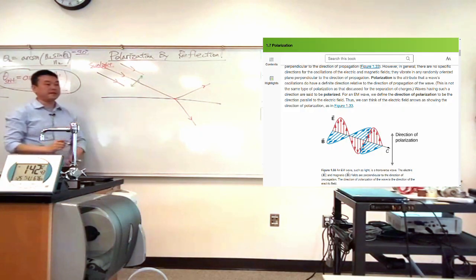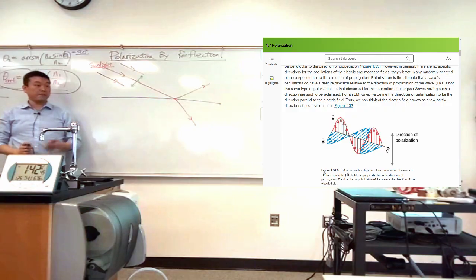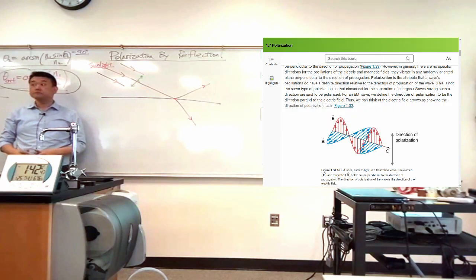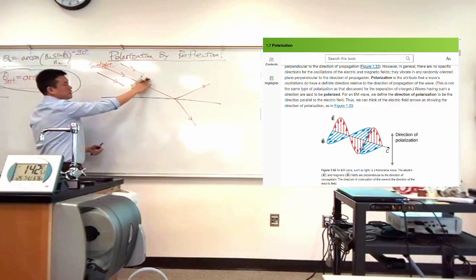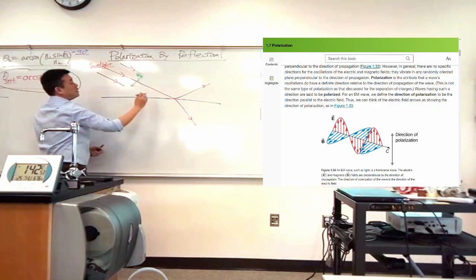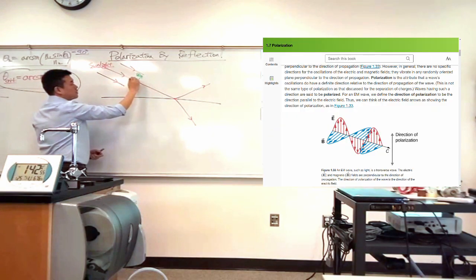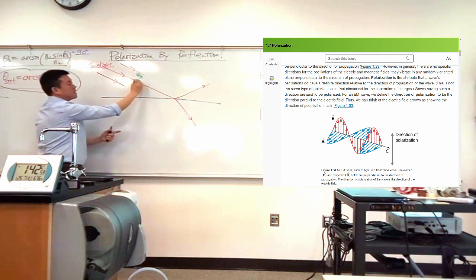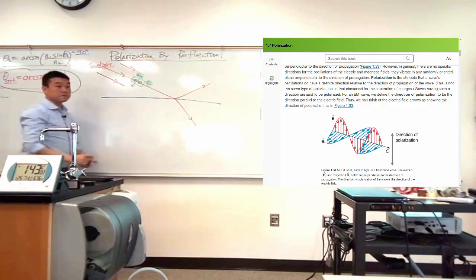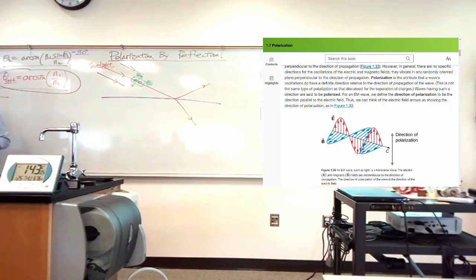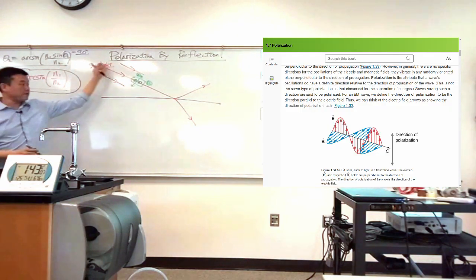What's the other way that it can be oscillating that's perpendicular to this? Yeah, in and out. So sunlight could be polarized in this way. Let's call that direction A. Or it could be polarized so that it's going into the board, and then as it oscillates, comes out of the board. Let's call that B. So those are two possible polarizations of this unpolarized light.